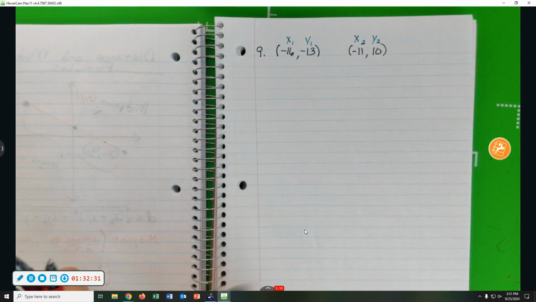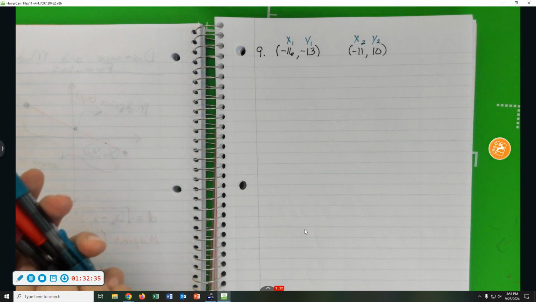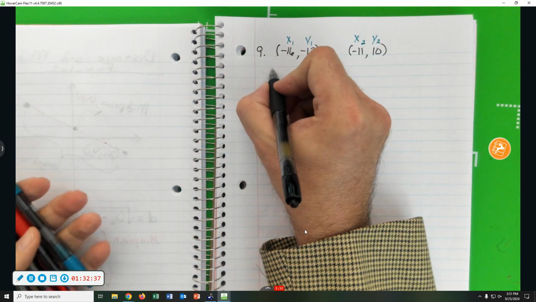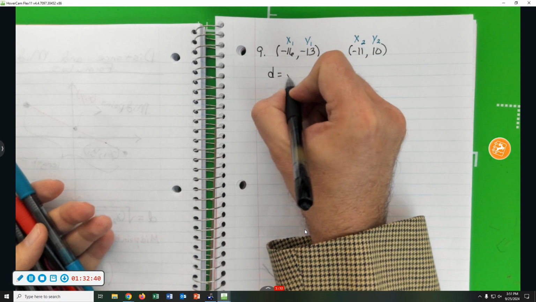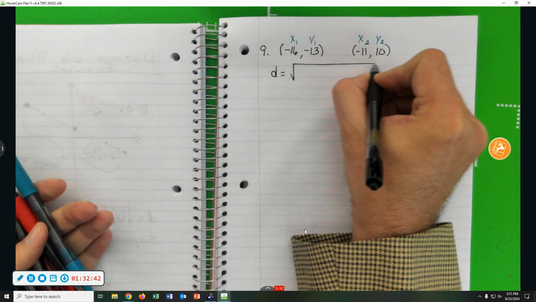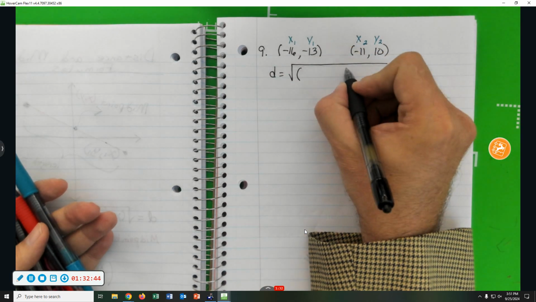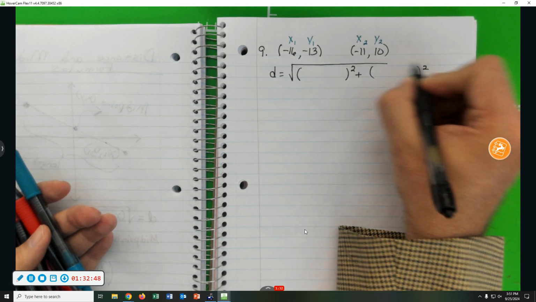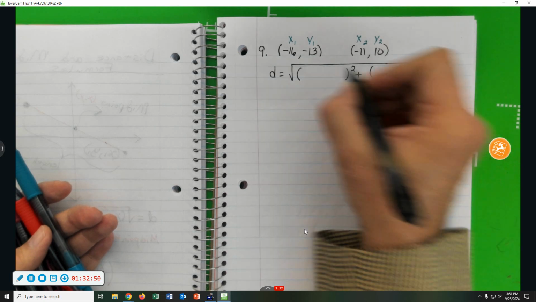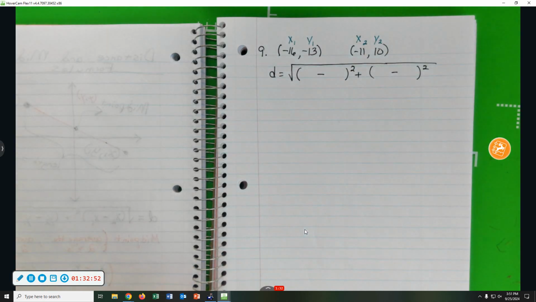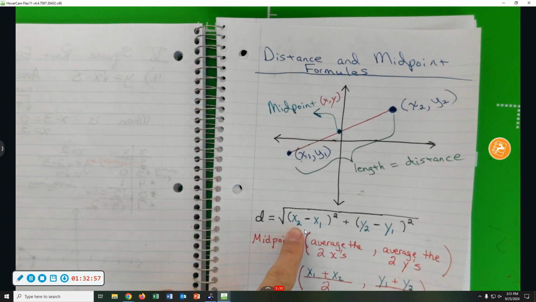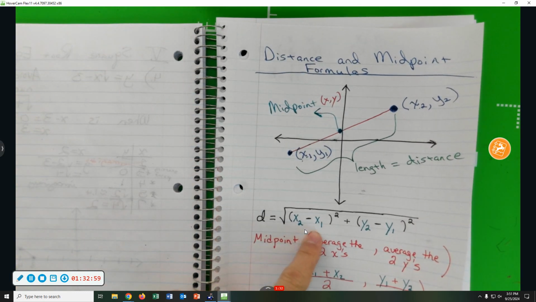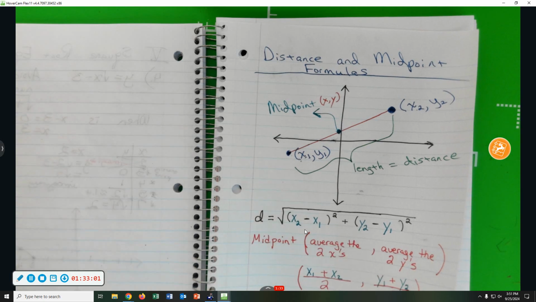Now I encourage you to write the formula, assuming we're using distance first. Write that formula out. Distance formula. It's got those parentheses. The one with the distance formula is the one with the minus in it. In the parentheses, there's still a plus there.